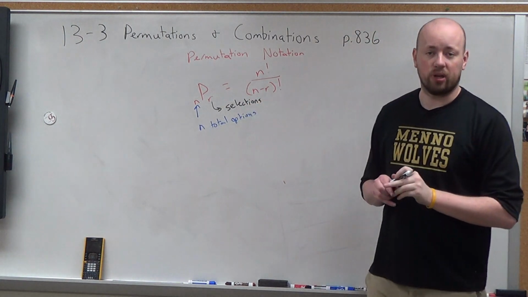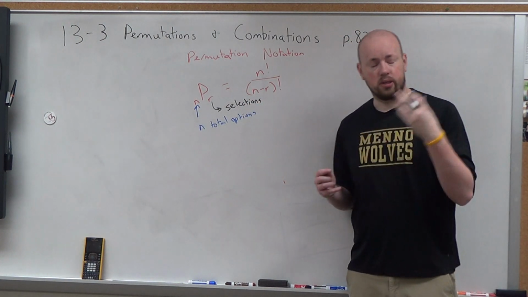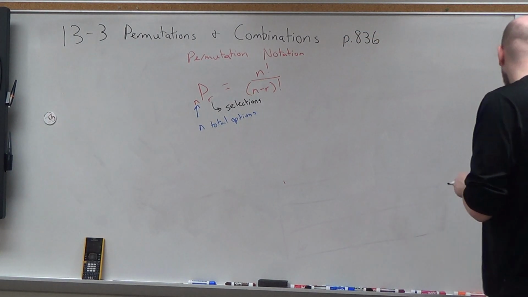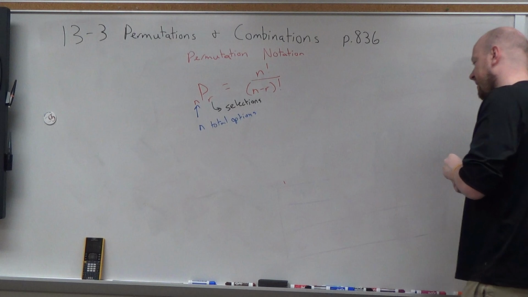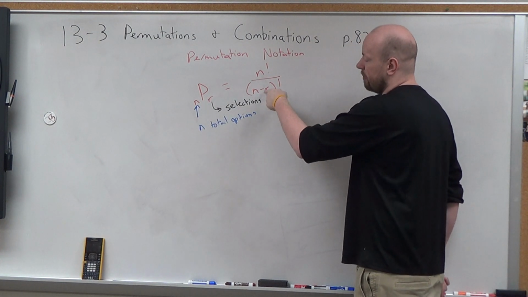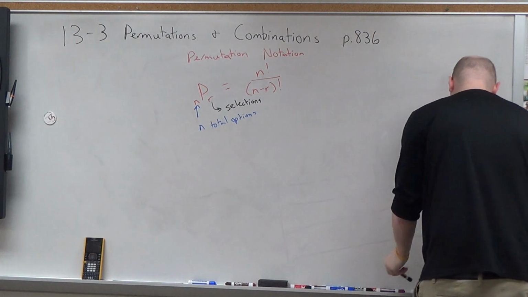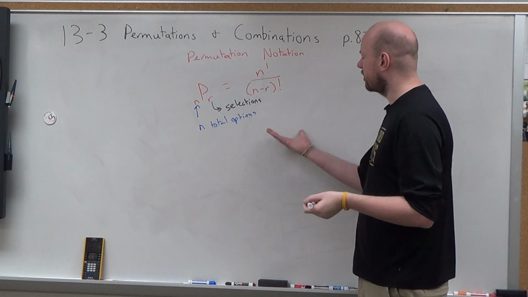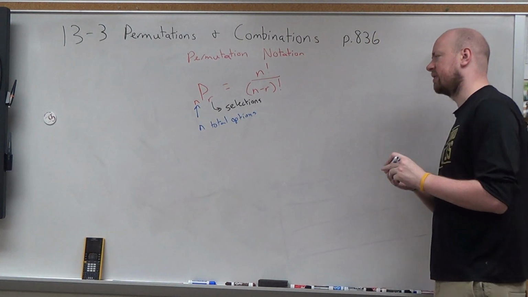So that last example, I had 8 songs, I was picking 8 songs. Now the big thing to note is the factorial is outside the parentheses, so you would do the parentheses part first. So let's do an example and see how it works first before we start trying to analyze this formula. It's kind of goofy.